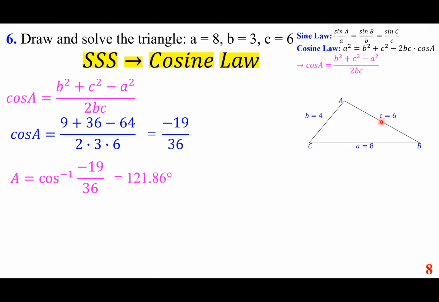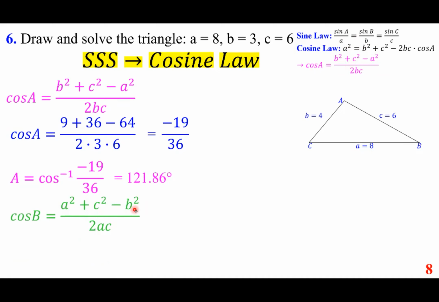At this point, you can use the cosine law or the sine law to find the next angle. So let's continue with the cosine law and using this formula, but this time, this was cosine A, we're going to change this to cosine B, which means this becomes 2AC, and these two change places. This becomes a squared plus c squared minus b squared. So think about this, change this to b, and this is what happens. So you should be able to make this transition.